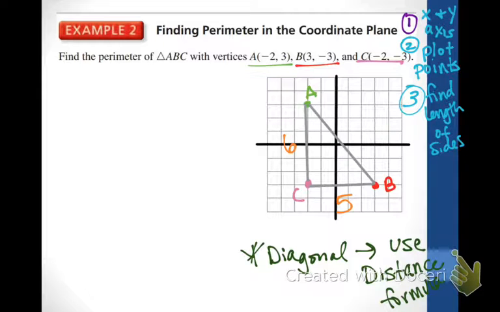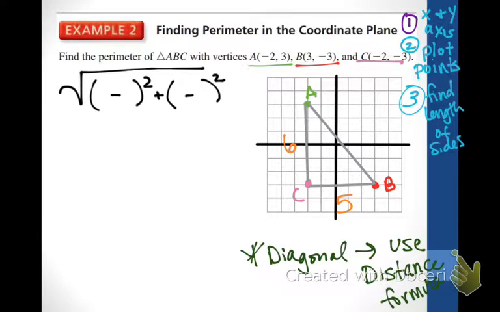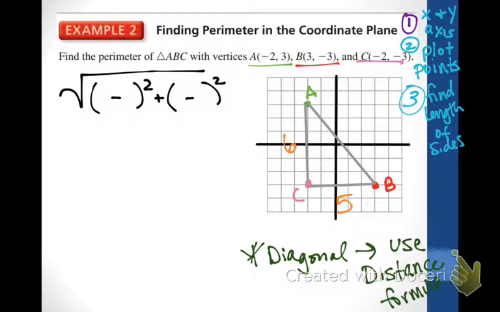All right, so we're going to use our distance formula, but what 2 points does this line involve? A and B. So does C have anything to do with my distance formula right now? No. Make sure you use the correct 2 points.